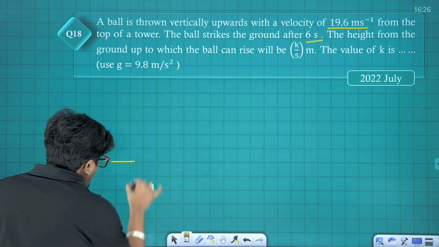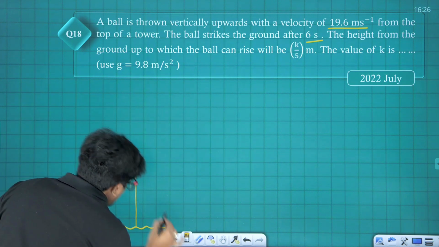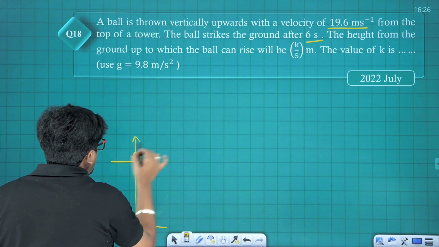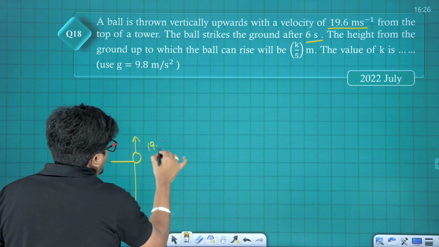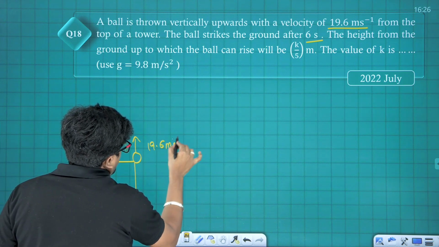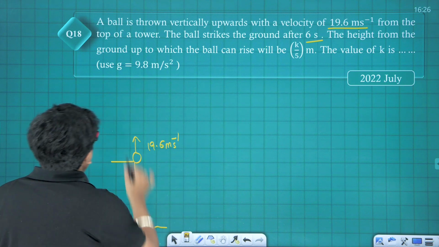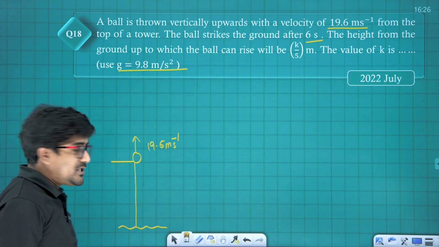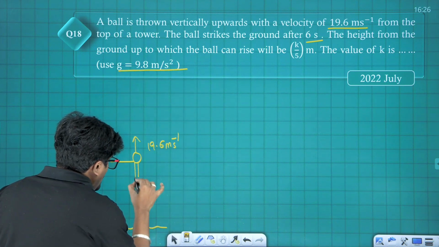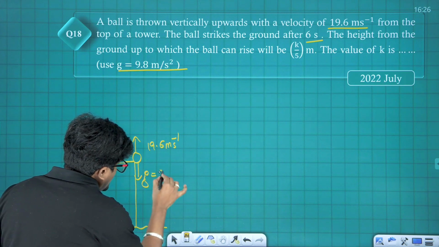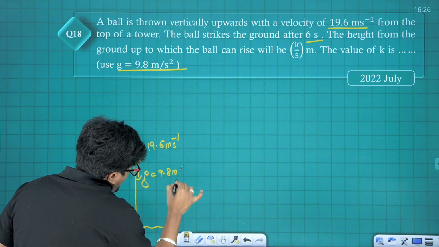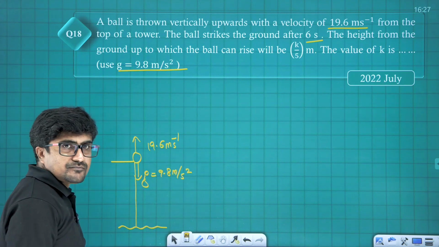So let this be the ground, and I am throwing this ball with a speed of 19.6 meter per second. And it's clearly mentioned this time we need to take small g as 9.8 meter per second square.